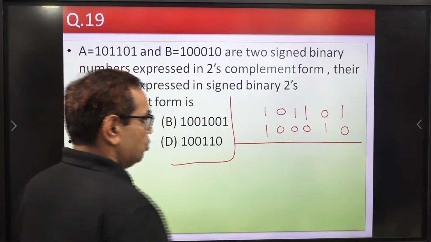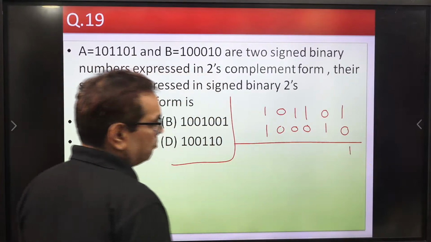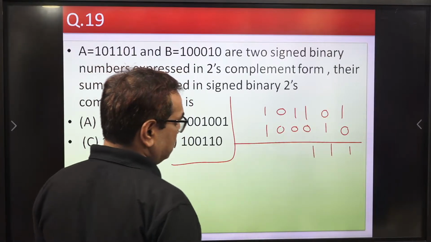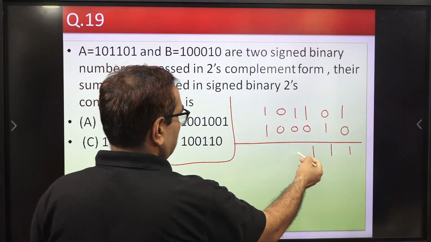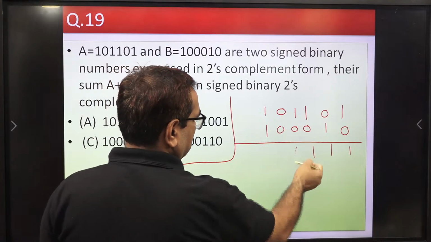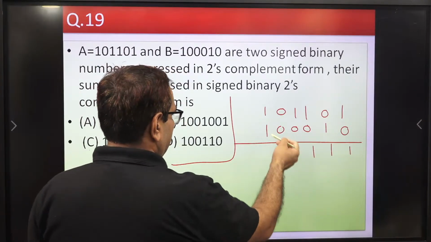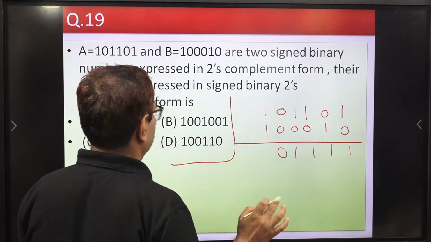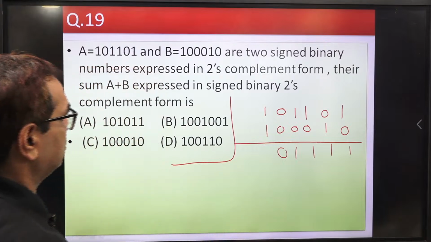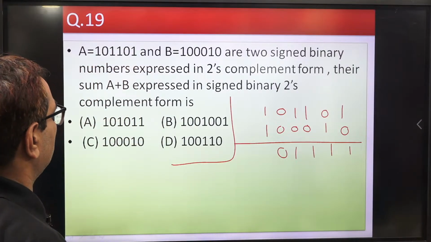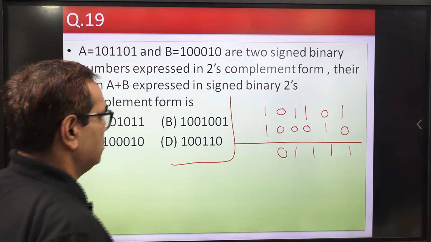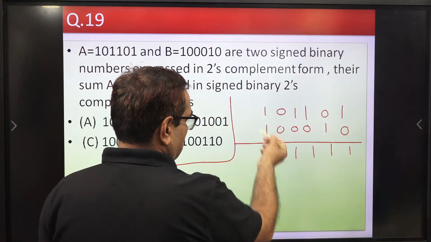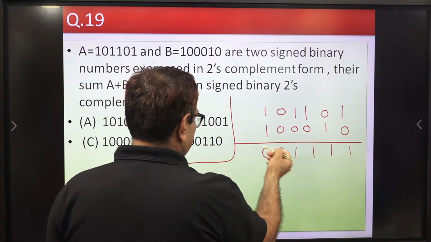So 1 plus 0 is 1, 0 plus 1 is 1, 1 plus 0 is 1, 1 plus 0 is 1. I think some mistake I have made. 101101 and 100010. Okay. So 1 1 1 1 0. Now 1 plus 1, 0 with carry 1.